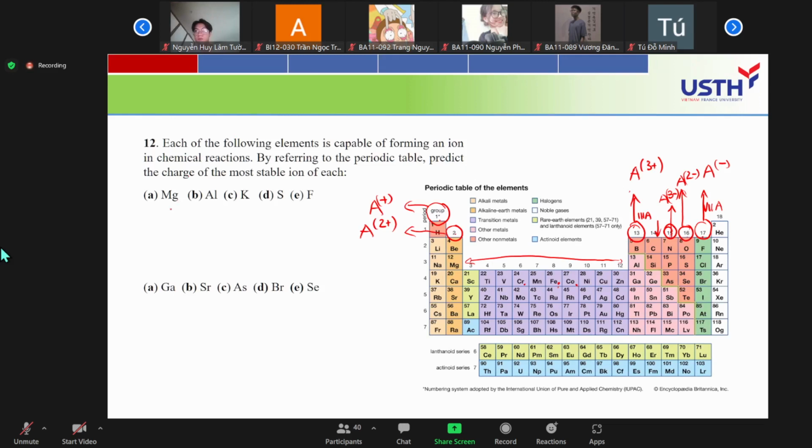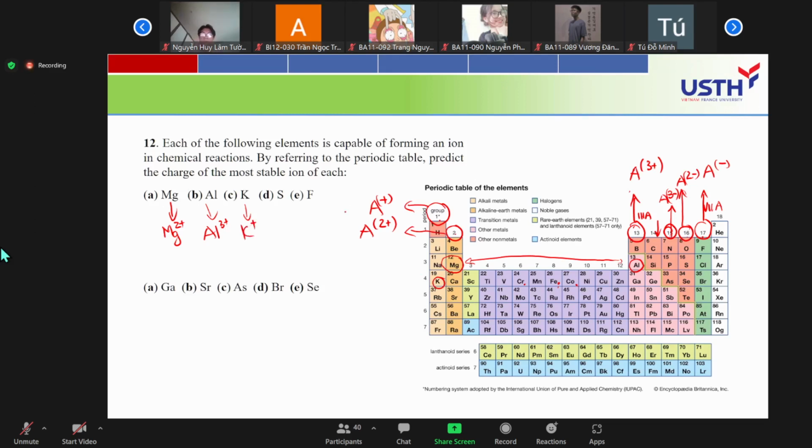So magnesium stays in group number 2, so the ion of magnesium will be 2+. Aluminium stays in group 3, so this will be aluminium 3+. Potassium stays in group 1, so you have potassium 1+.